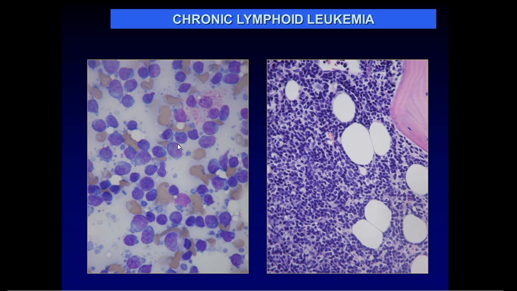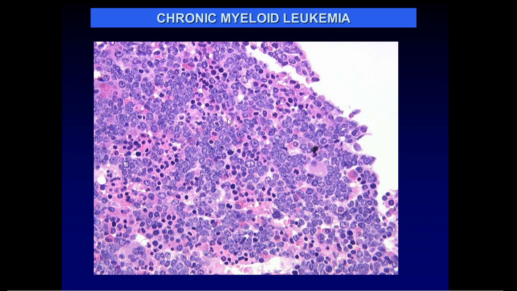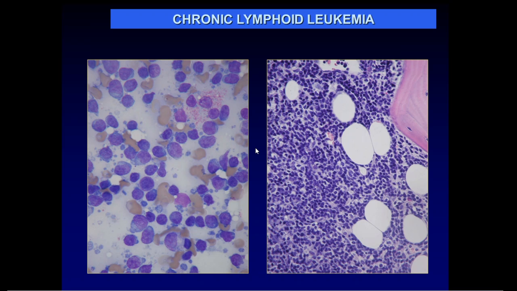And nucleoli are really inconspicuous. So probably this dot is a nucleolus, but compare with this slide, here it's really easy to find the nucleoli. Here, oppositely, this is really difficult.